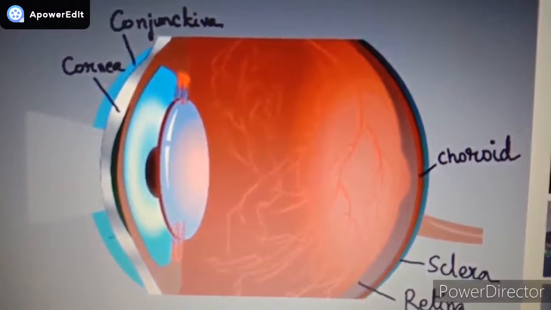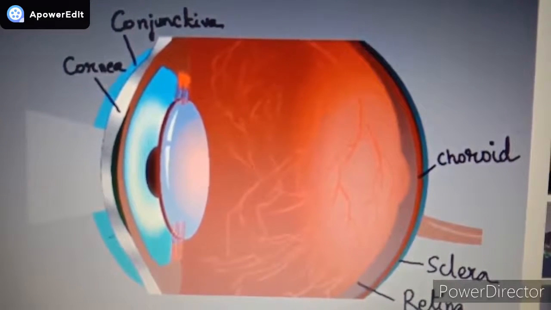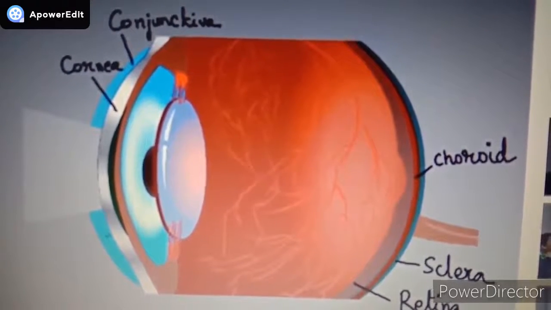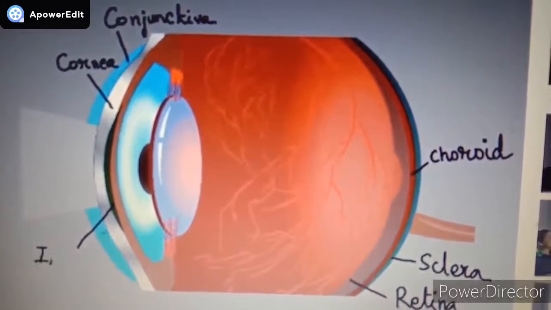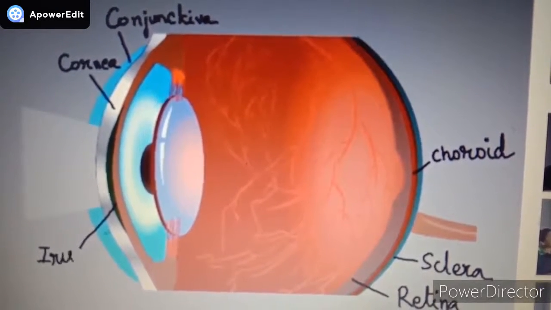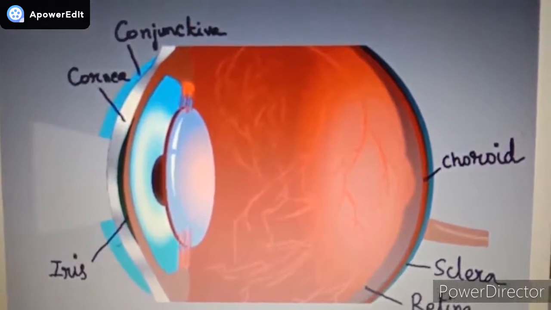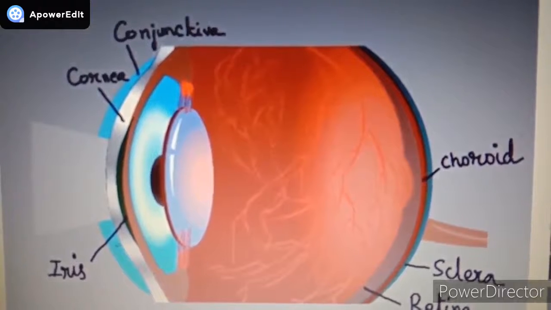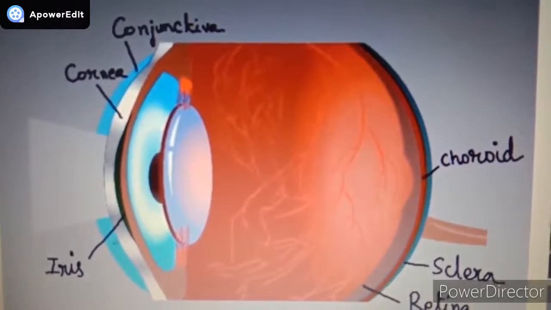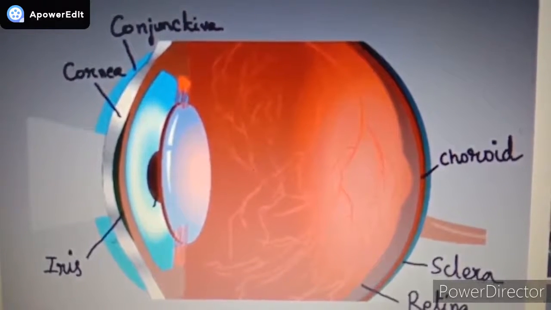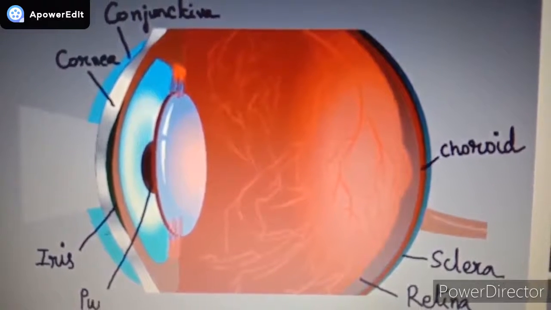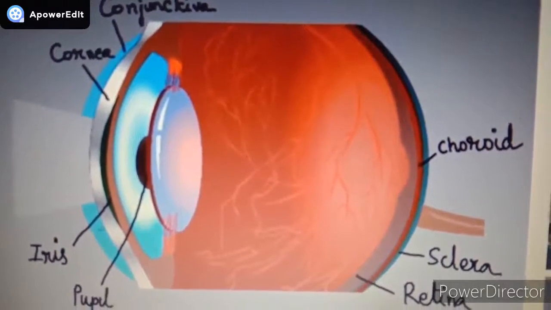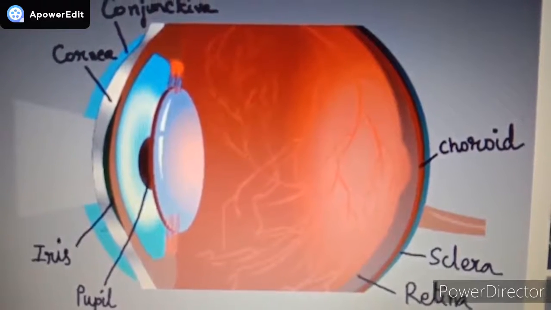The colored part of the eye is known as the iris. In the diagram you can see that this is the colored part of the eye known as the iris. I think you are able to understand. The circular opening in the middle is known as the pupil. So this is the pupil, that middle portion. I think all parts are very clear to you.